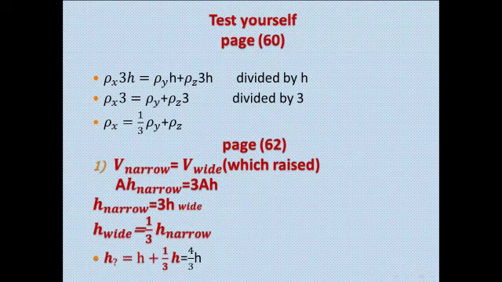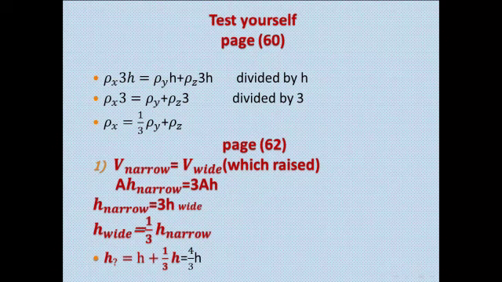So the answer is D. Page 62 number 1, from your figure. The volume in the narrow tube will equal the volume in the wide tube which is raised. What is meant by this? The amount that went down in the narrow one, labeled H, equals the amount that went up, the increase over the initial. So this volume equals that volume. In the narrow, H narrow equals 3H.